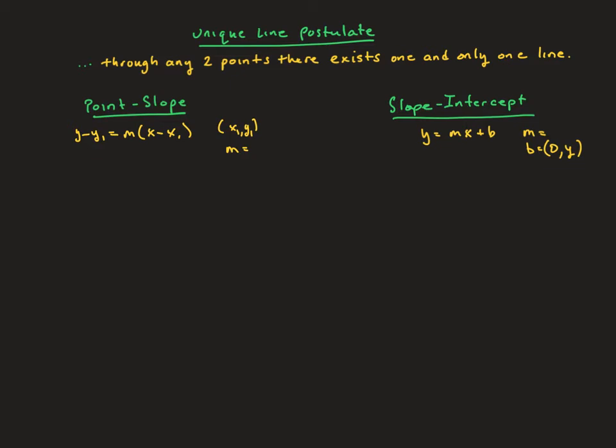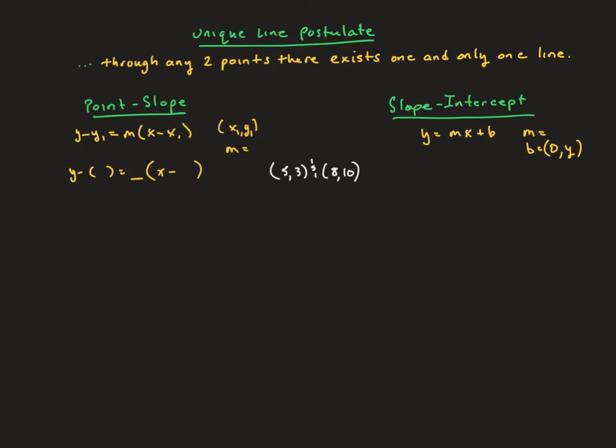So if I pick 2 points, points (5, 3) and (8, 10), I'm going to use those to come up with the point slope form of a line. Starting off here, I have y minus some value of y equals the slope, and then x minus the value of x.